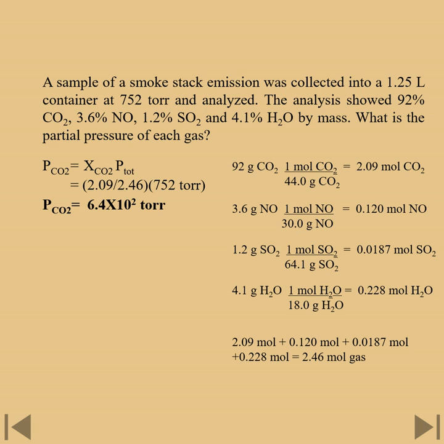Now that we've done all that side work, the rest of our calculations should go easier. The partial pressure of nitrogen monoxide is equal to its mole fraction times the total pressure. So its number of moles divided by the total number of moles times the total pressure.